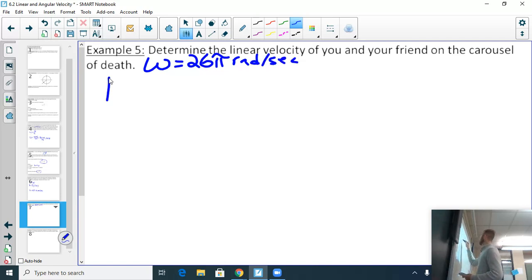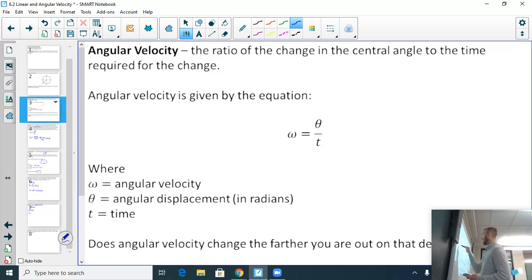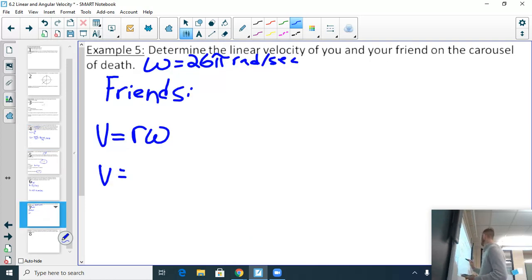And so if I'm looking for your friend's, we know that v equals r times omega. And if we go back to that problem that we had, where is it at? This one. Your friend is 9 feet away. So 9 times 26 pi.